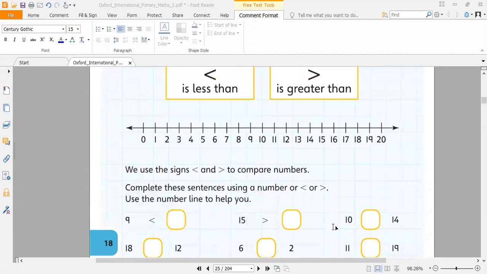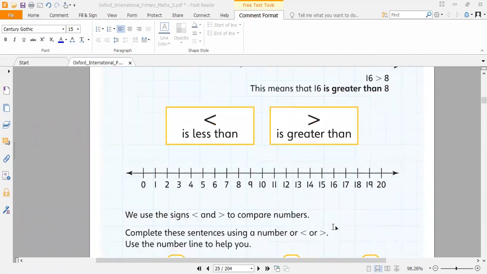If you can remember, this is the sign for less than and this is the sign for greater than.